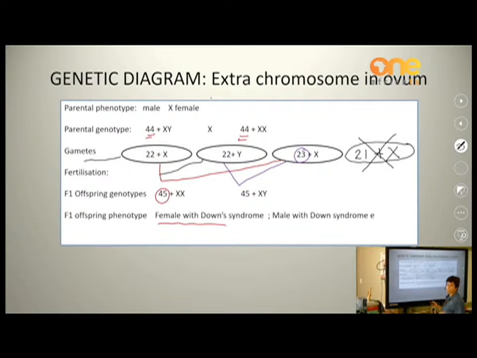So at chromosome 21, we see if there is an extra chromosome in the ovum. And that is more often the case, that there are more chromosomes in the ovum than in the sperm. The age of the mother can cause the chance to have Down syndrome to increase.